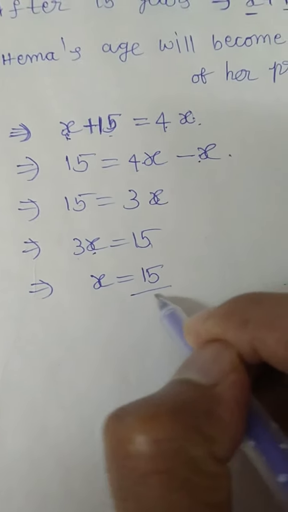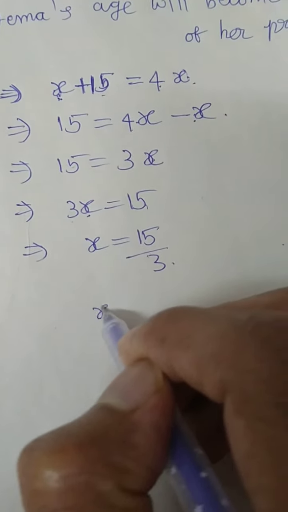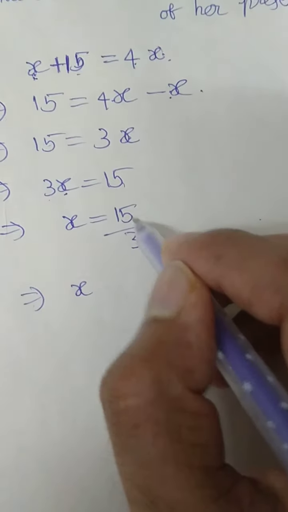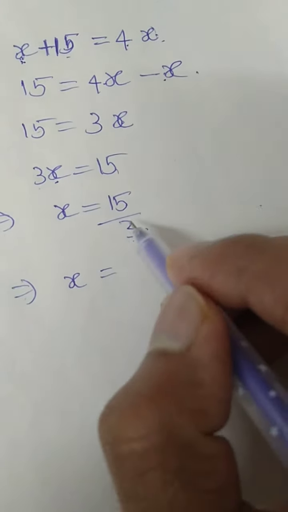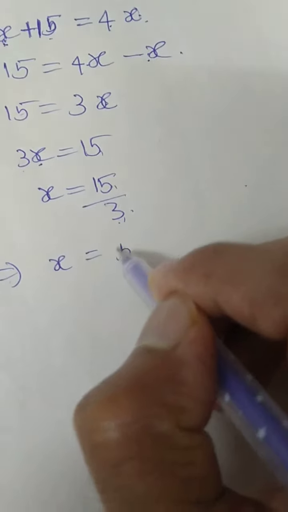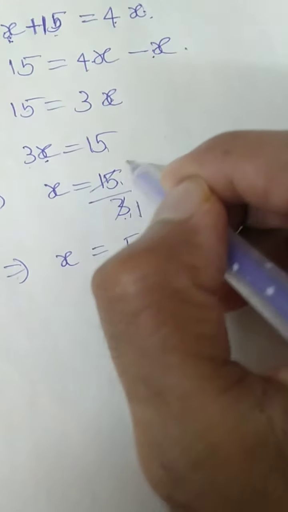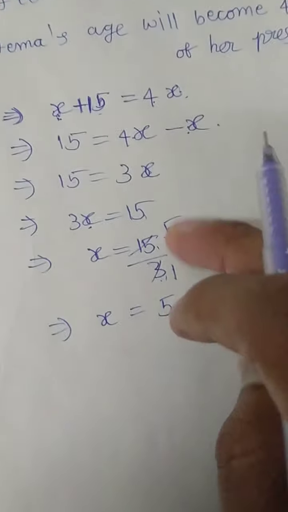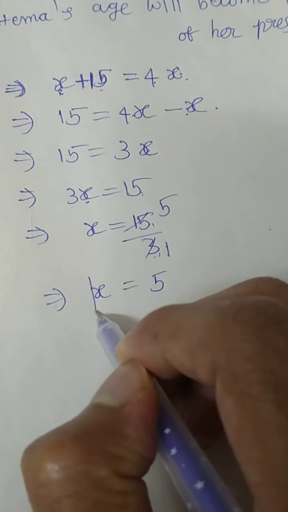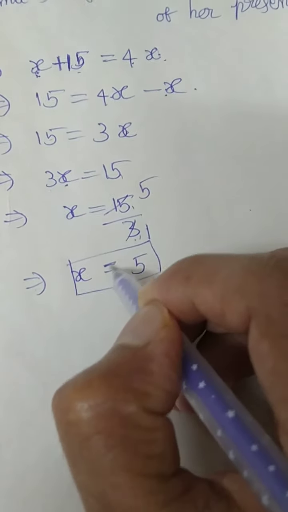So 15 by 3. 3 fives are 15. Like this you have to do. So x is equal to 5.